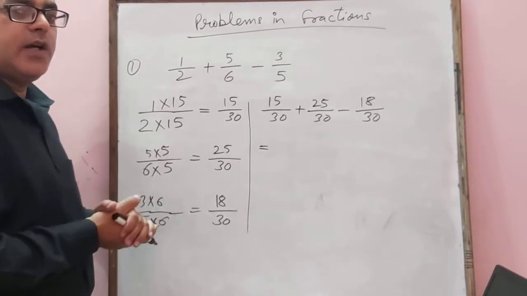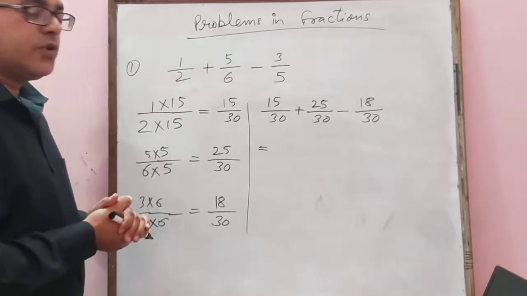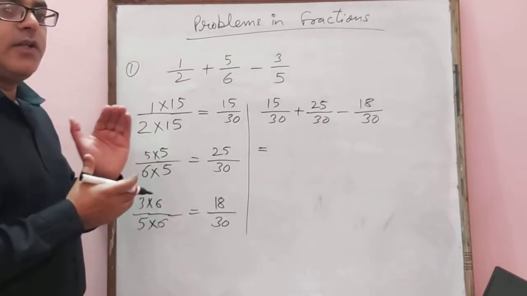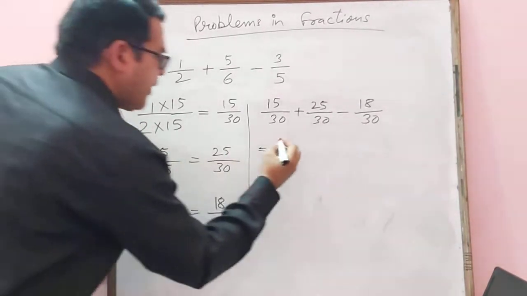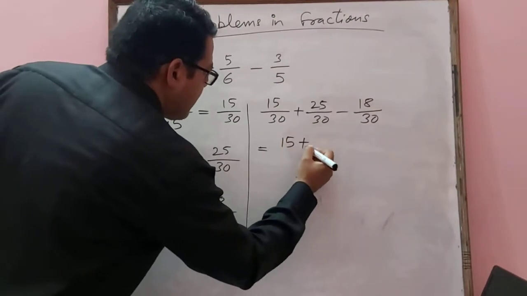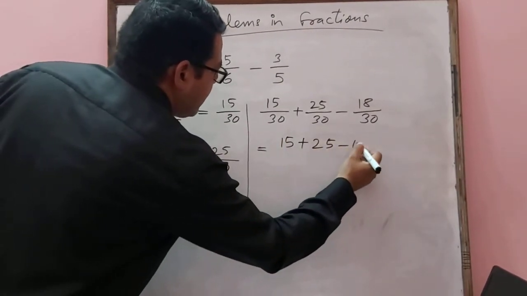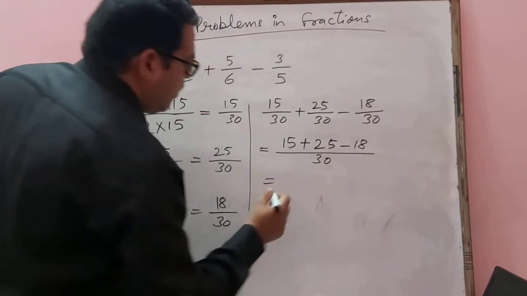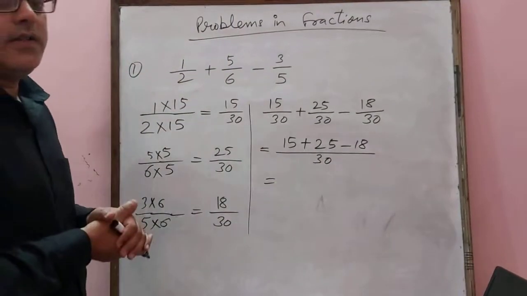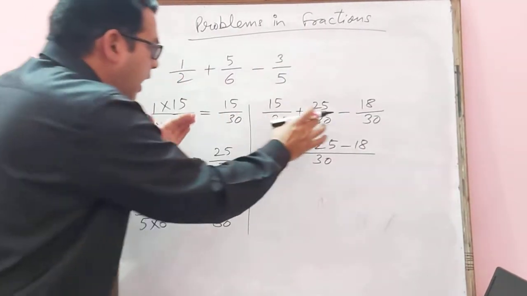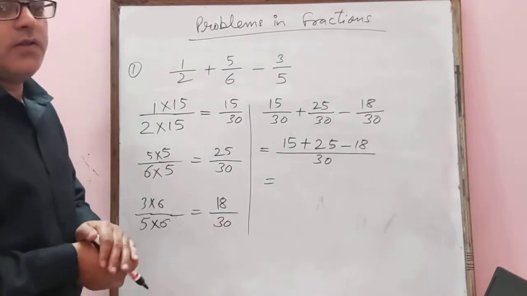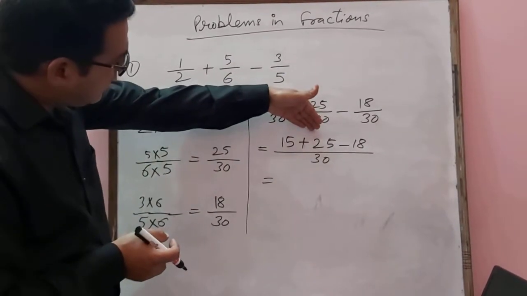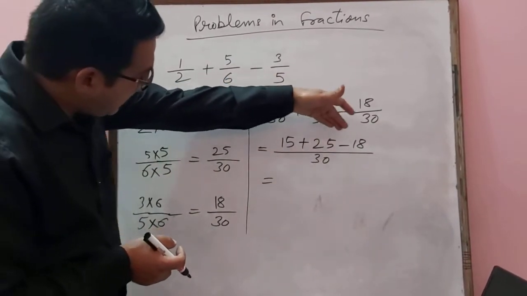All have 30 as a denominator. So what does the rule say? We can add or subtract the numerators, right? So we can write 15 plus 25 minus 18, and on the downside we write only 30 as the denominator, since they all have 30 as the denominator.